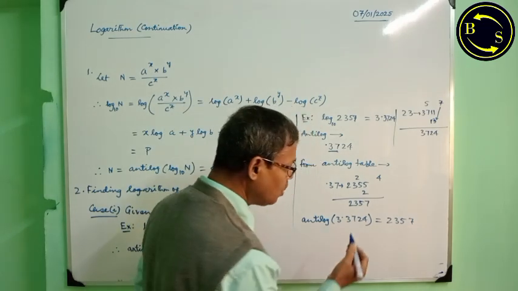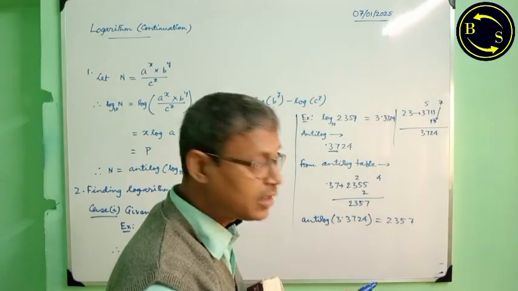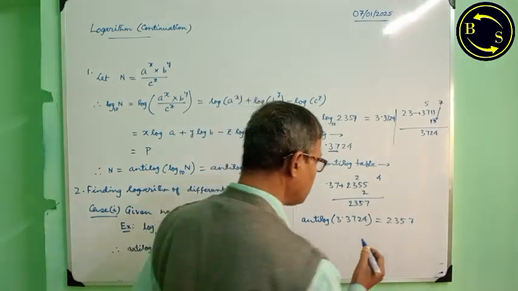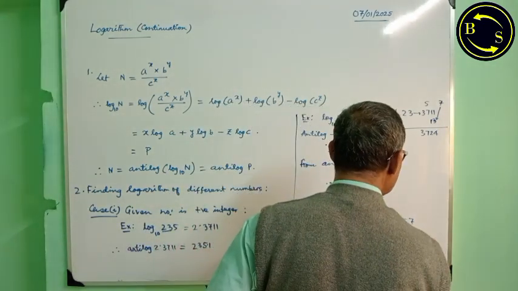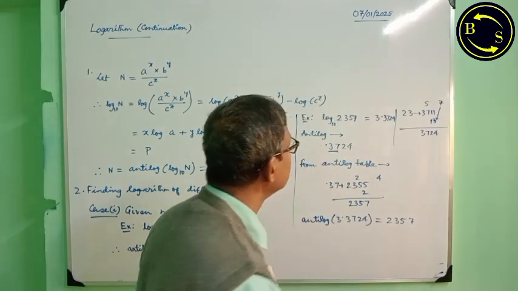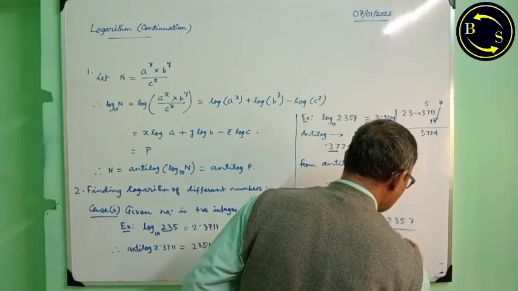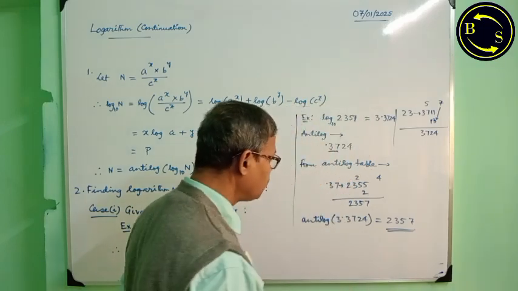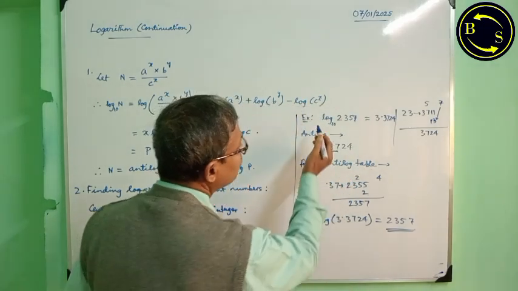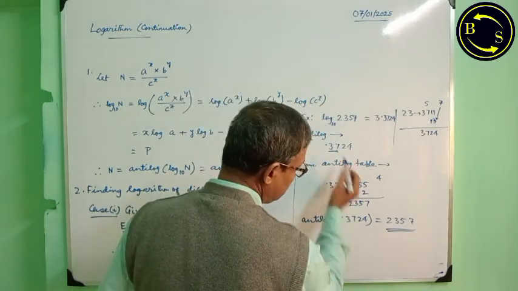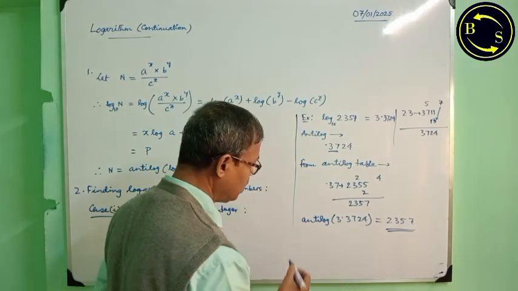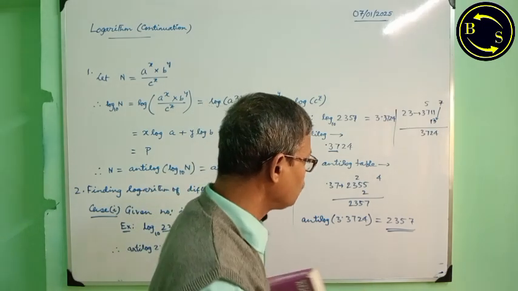That means there will be 3 plus 1, that is 4 digits before the decimal point. Therefore, the number will be 2357. We have got the original number 2357. We took the log of 2357. Finally, after taking antilog, it is also 2357.